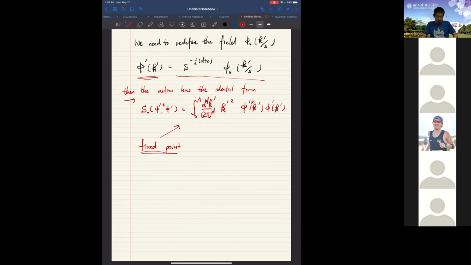So in this case, if we start with Gaussian, we end up with Gaussian, and everything is identical, right? It is a Gaussian fixed point. We are now finding a trivial fixed point where everything is non-interacting.